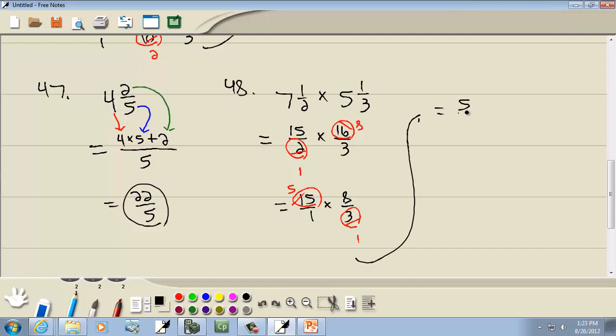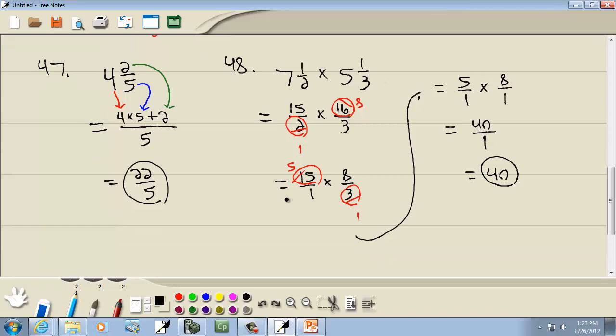So we end up with 5 over 1 times 8 over 1. Now nothing else to simplify, so I can multiply the top parts together. 5 times 8 is 40. And the bottom parts, 1 times 1 is 1, which gives us just 40. That one was interesting. I would never have guessed that. But that'd be our answer.